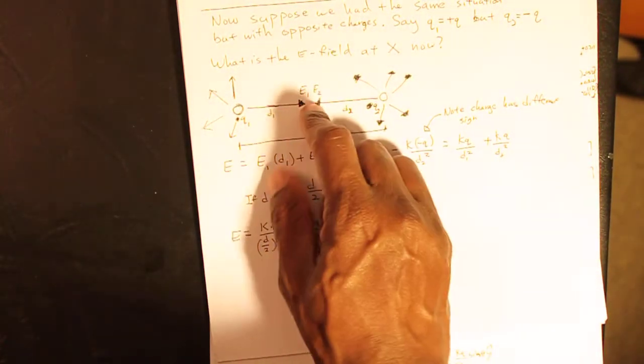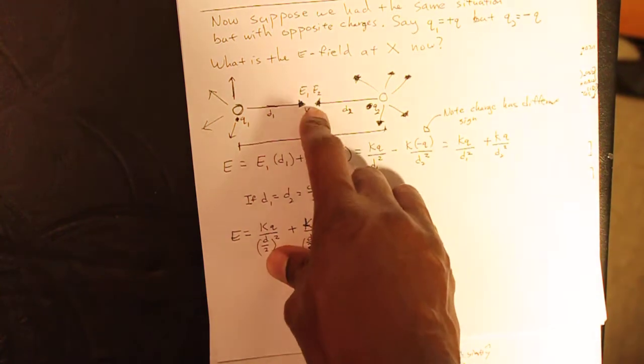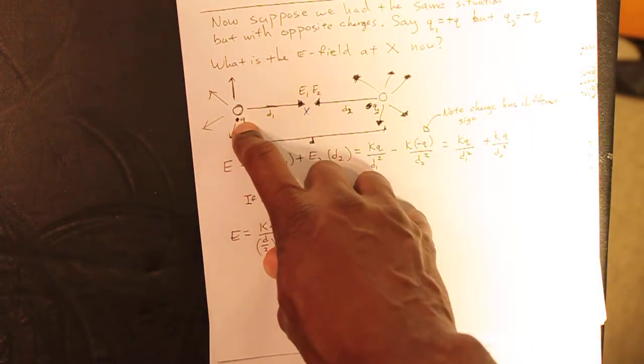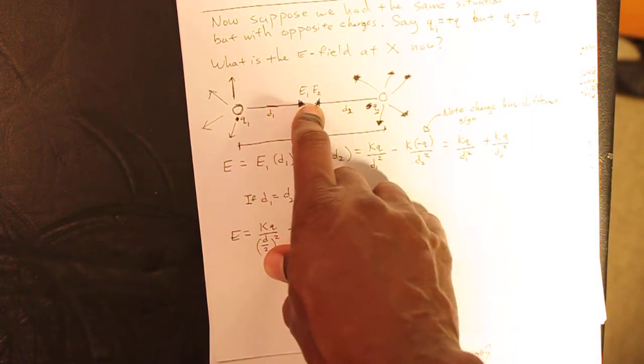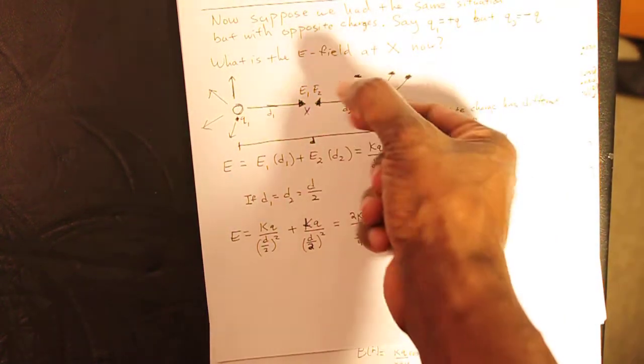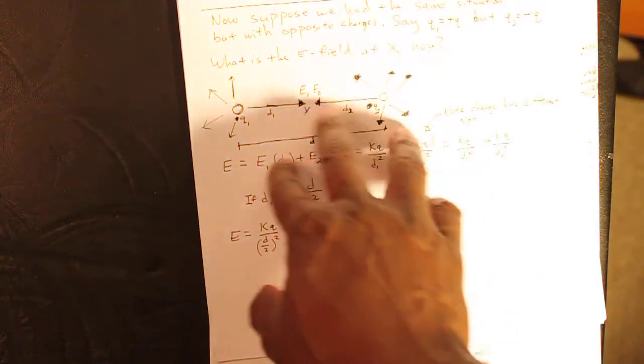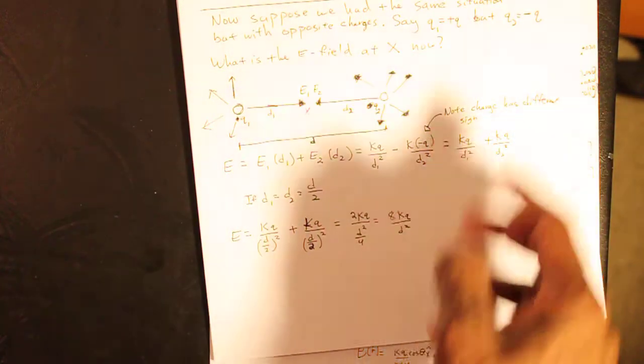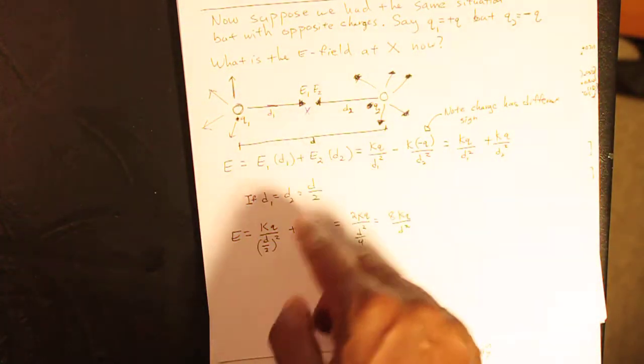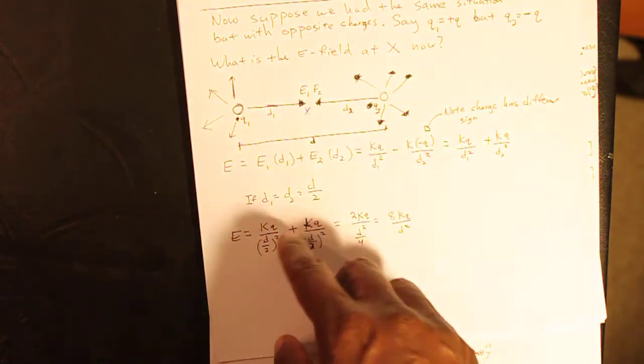And this makes sense. If we had a positive test charge here, this positive charge would be repelling it in that direction, and this negative charge would be pulling it in that direction. So you see they're working constructively. These two electric fields are interacting constructively.